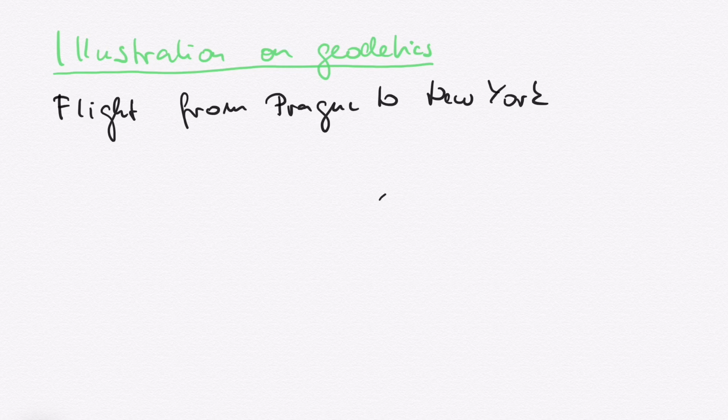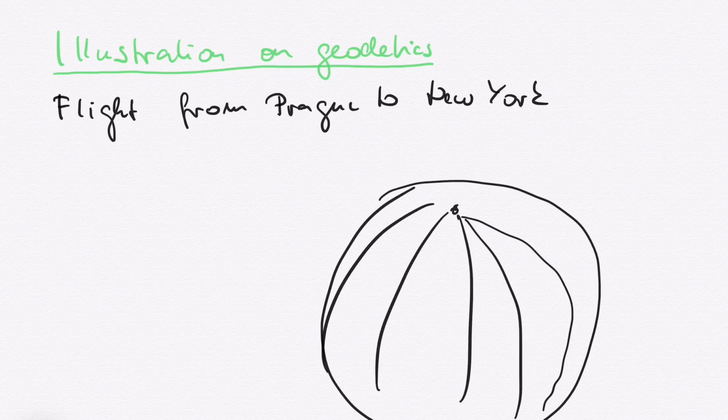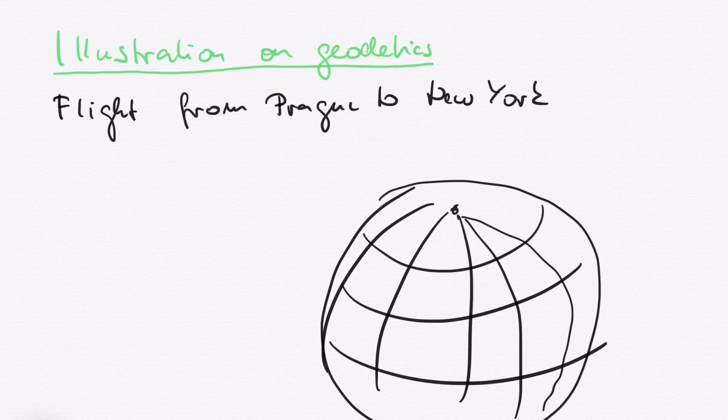So let's draw a globe with the meridians and with our small Europe appearing here, and there will be Prague somewhere there, and on the other side of the ocean there's North America, and somewhere there's Long Island and there's New York.